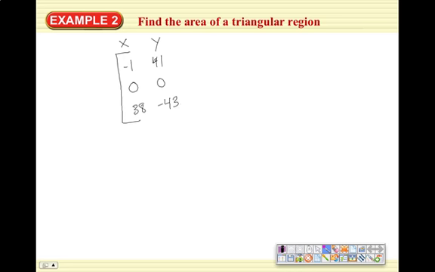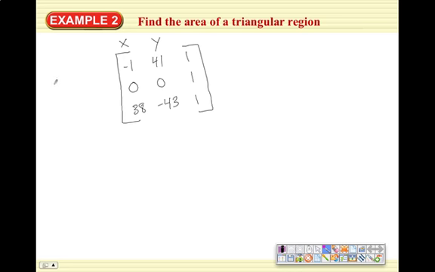It doesn't matter which order you put A, B, or C, the coordinates. But we can't find the determinant of this because it's a 3 by 2. We need a square matrix. So we're going to fill in the last column with 1s. Anytime you find the area of a triangle, you fill in the last column with 1s.